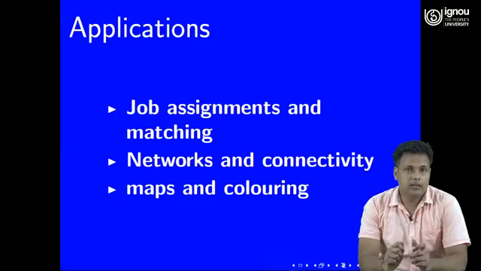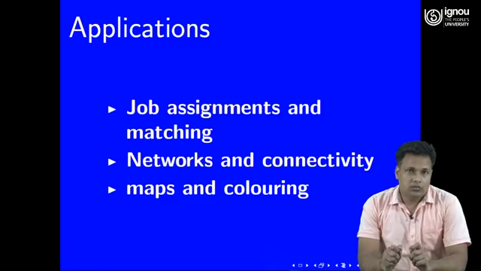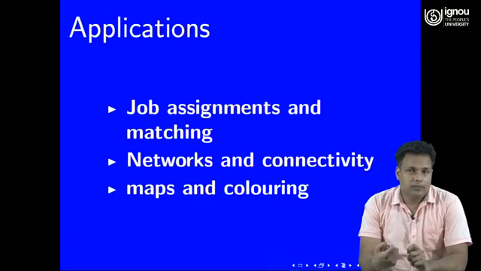The remaining 3 jobs will not find any qualified candidate. So the mathematician Hall found a sufficient condition in terms of graph theoretical representation, which you will study in this course. The next problem is networks and connectivity.